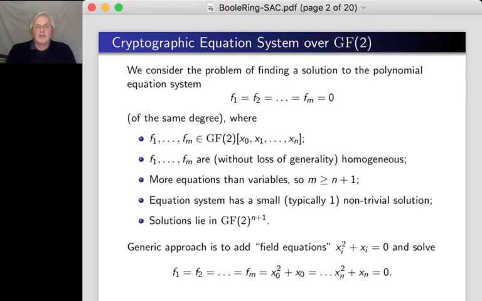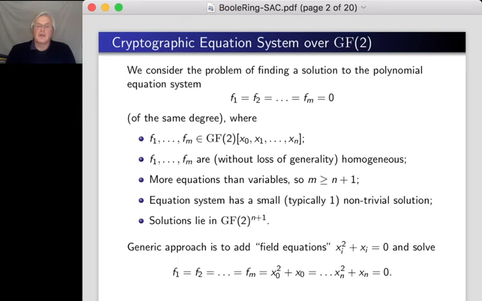One generic approach that has been used to address this type of problem is to add the so-called field equations. These are equations of the form xi squared plus xi is 0 for all the variables xi. So this has the effect of forcing the solutions to lie in the field GF2.